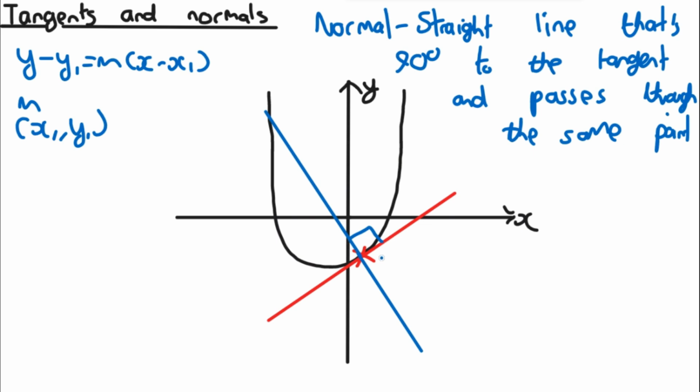Go back to, again, chapter 5, the perpendicular and parallel lines section. But basically the negative reciprocal is minus 1 over m of what the tangent is, so that is what the gradient of the normal will be if we find the gradient of the tangent. And we talked about earlier how we can find the gradient of the tangent quite easily, so we just use this in order to find the gradient of the normal, and we can find the equation of the normal.